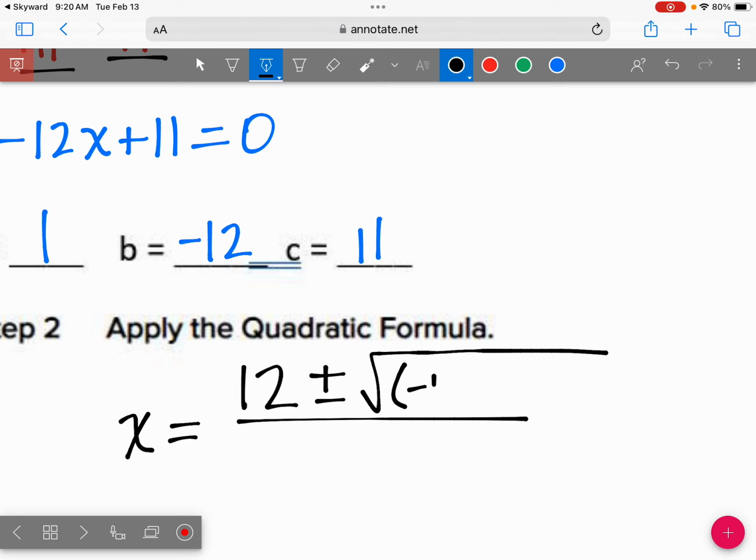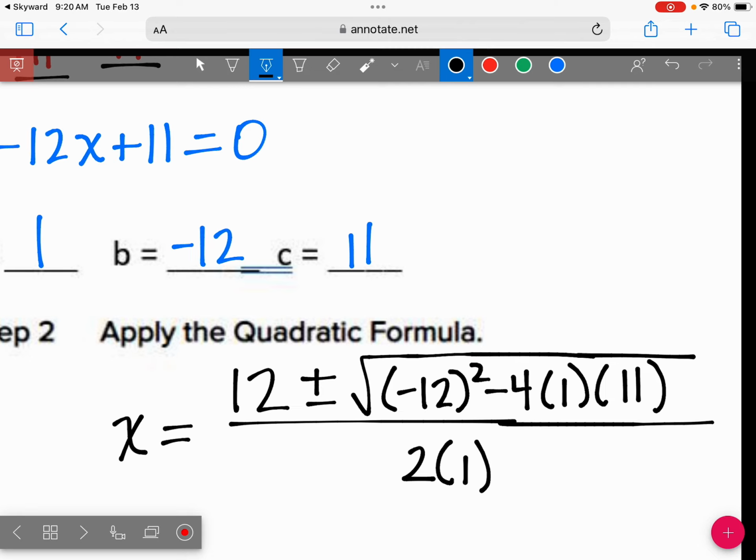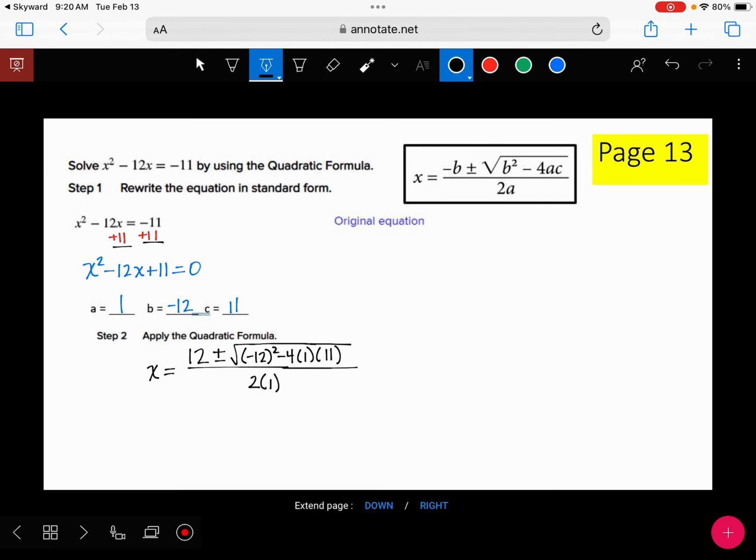So underneath, you're going to put your parentheses, b squared minus 4ac. And that's all over 2 times a. So go ahead and write that out. We're on page 13.